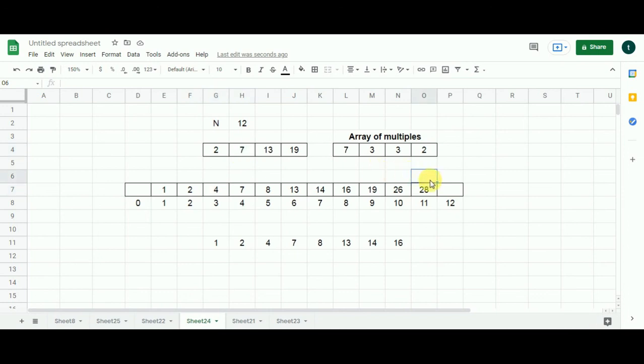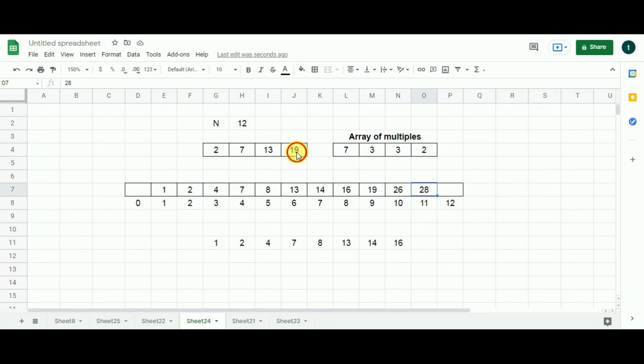So 28 is not going to replace 28. We come here, we have 13, the index is 3, the value over here is 4. So 13 multiplied by 4 is going to give me 52. And 52 is no way less than 28, so 52 gets eliminated and 28 stays.